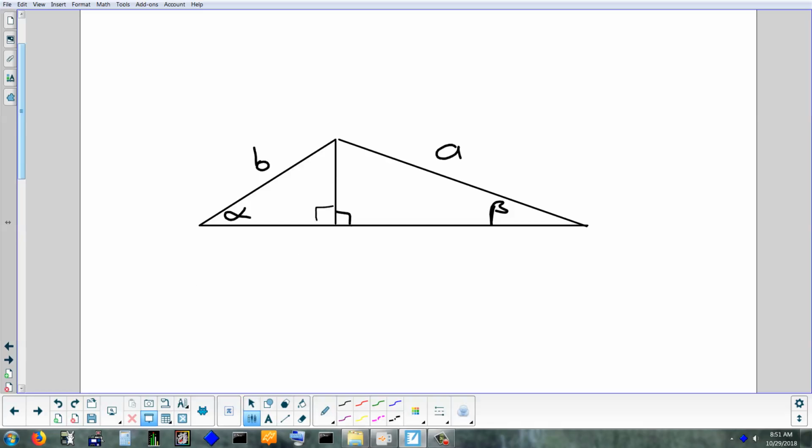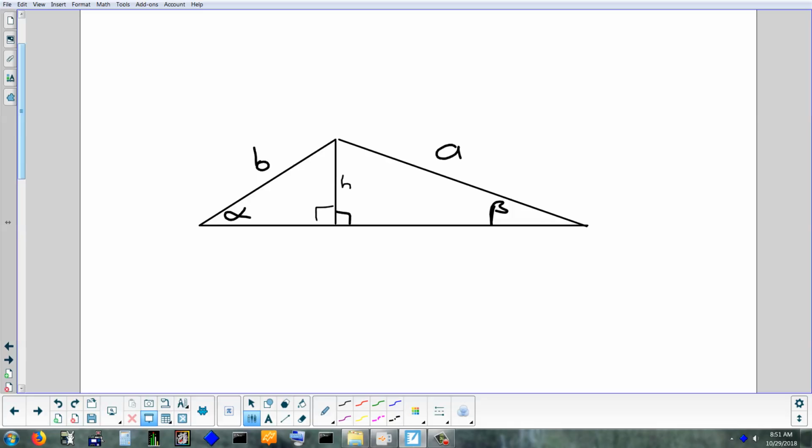This I'm just going to call H, because it's the height of the big triangle. I don't want you to get it confused with hypotenuse. So maybe H isn't the best letter, but it's the height, so that's the letter I'm going to use.